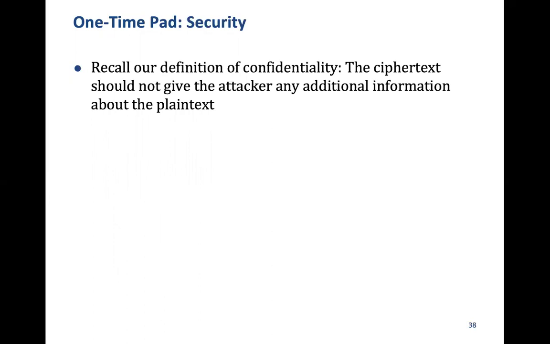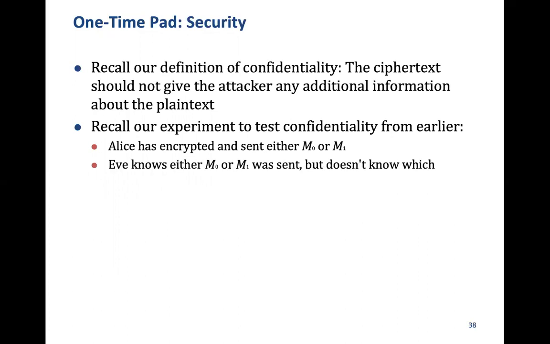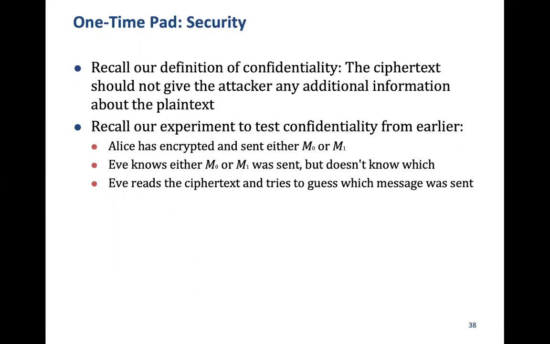But what we want is that the ciphertext should not give the attacker any additional information about the plaintext. Eve should not know whether M0 or M1 was sent in our experiment, or anything apart from that.